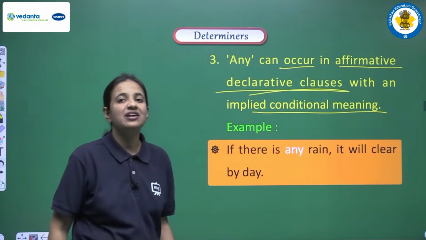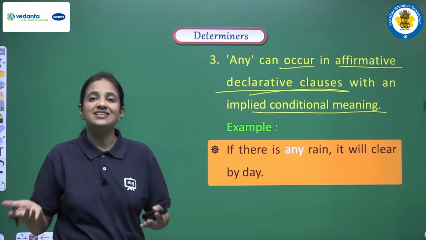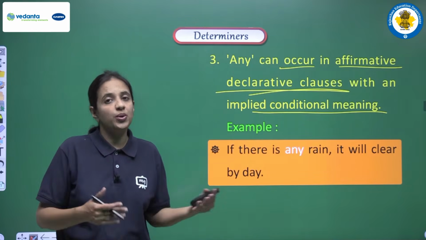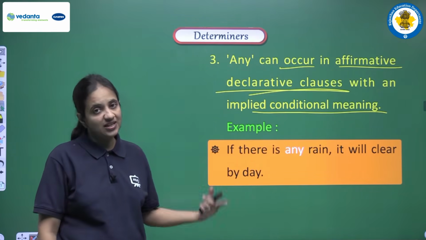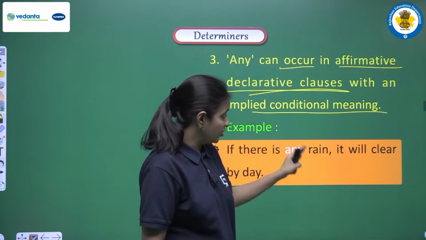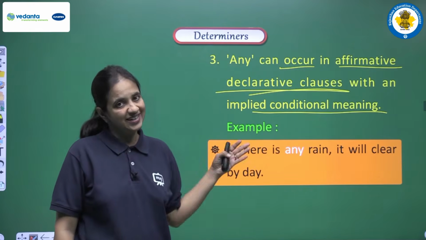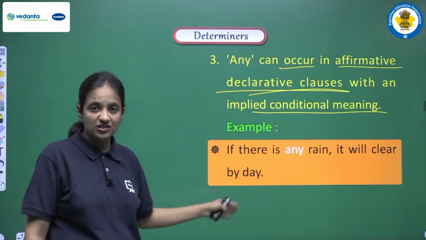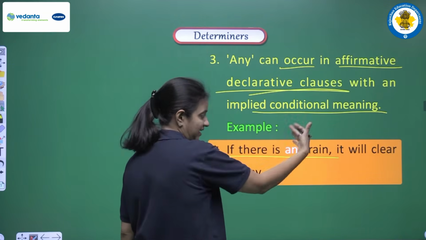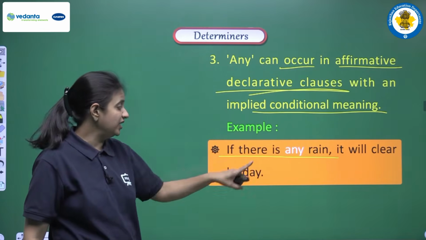It means if we have a conditional sentence and that sentence is an affirmative, positive one, then in that conditional sentence also we can use "any." How? Let's see the example we have here. "If there is any rain, it will clear by day." We all know that this is a conditional sentence because we have two clauses here. The first is the condition clause, that is "if there is any rain," and second is the result clause, that is "it will clear by day."